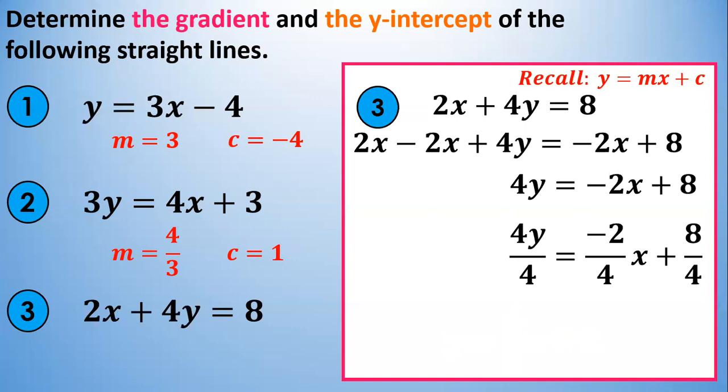Now that we have done that, the equation is now in the form y is equal to mx plus c. Therefore, my gradient is negative 1/2 and my y-intercept is 2.